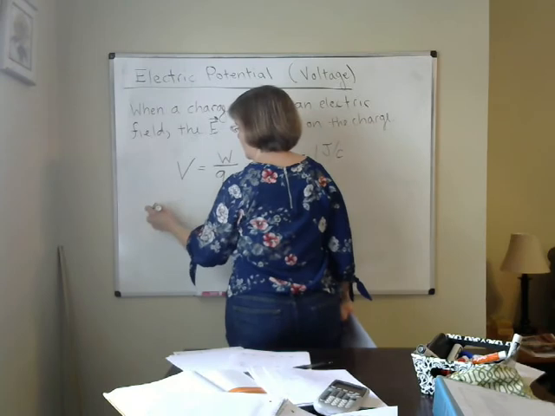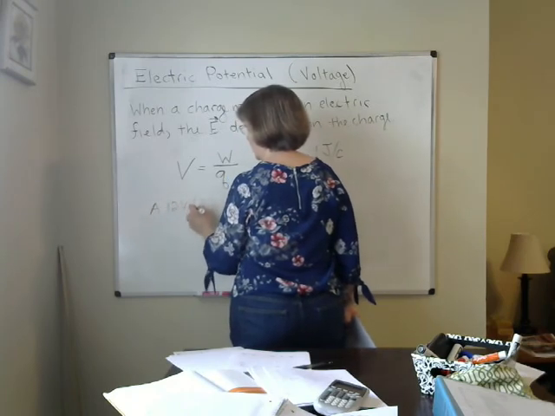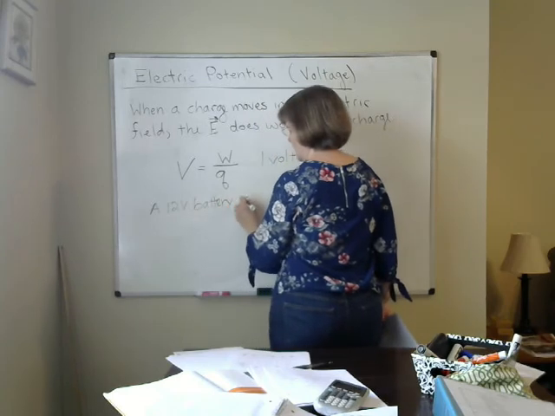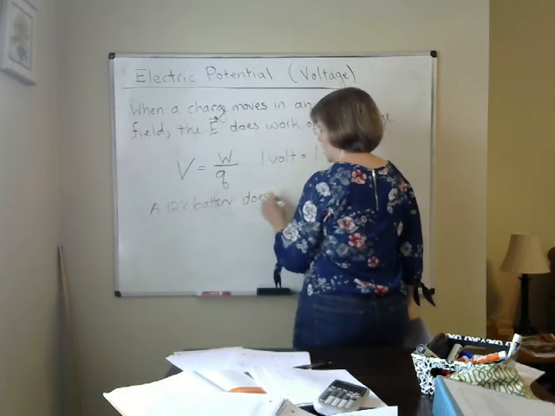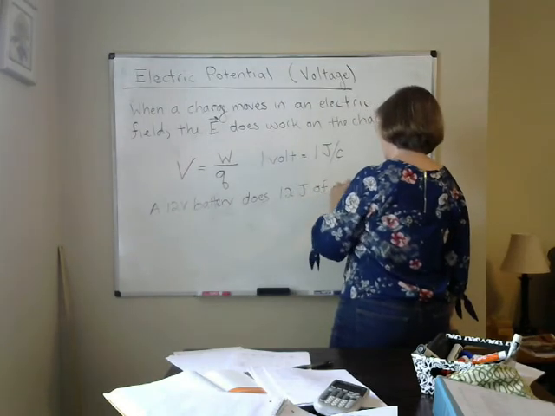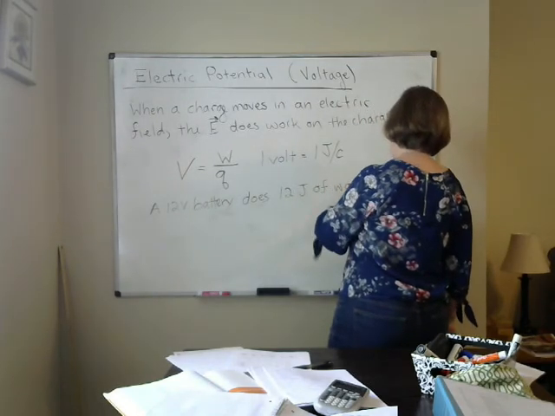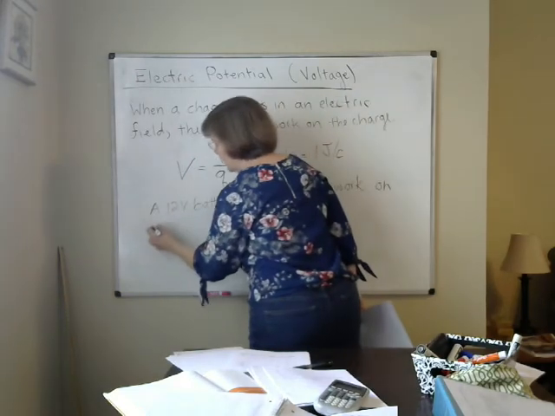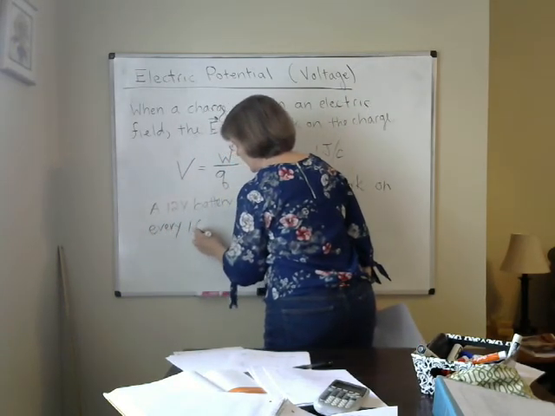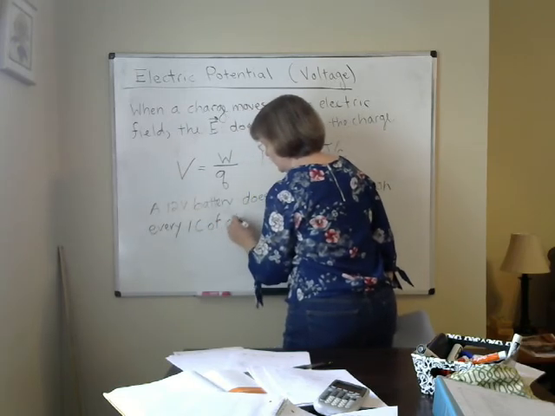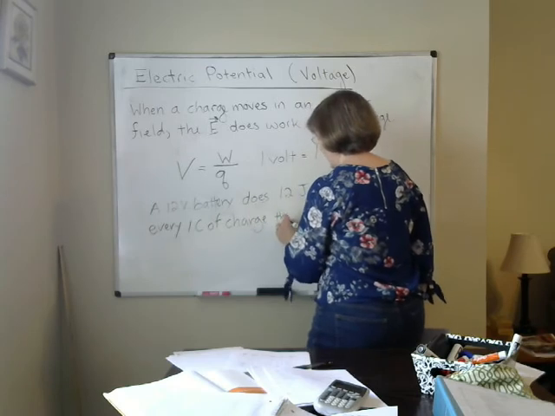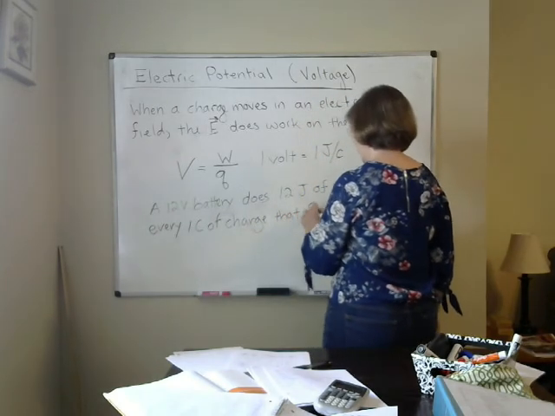A 12 volt battery does 12 joules of work on every 1 coulomb of charge that flows through it.